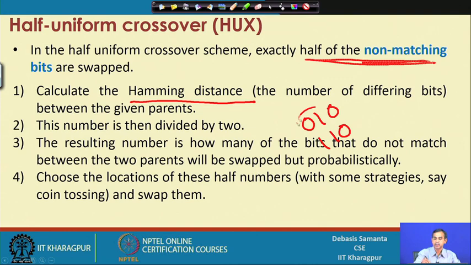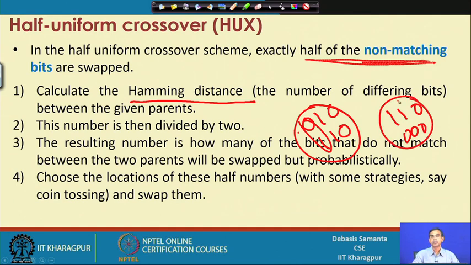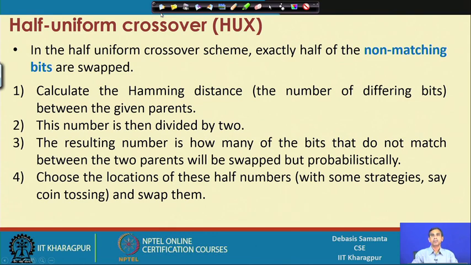So, the Hamming distance between the two is only 1. On the other hand, for 1 1 0 and 0 0 0, we can see 2 bits are different. So, the Hamming distance between these two strings is 2. This way the Hamming distance tells us how many bits differ in the two chromosomes.